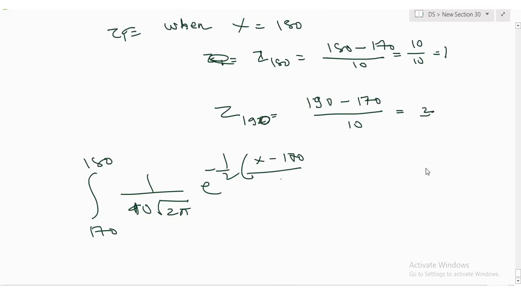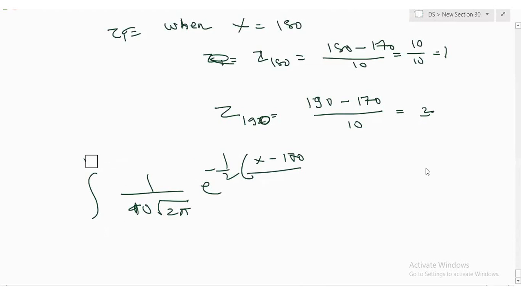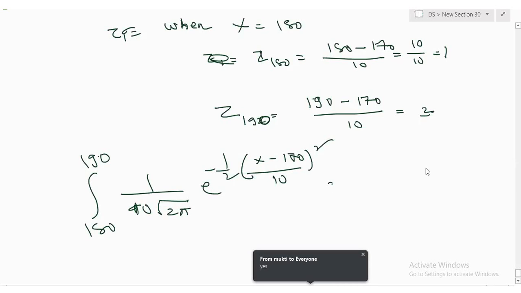There's a 180 to 190, I believe, right? Yesterday we learned, if you want to find out the area, I need to integrate, right? Yes or no, guys? So this is dx. Sorry, you integrate, but I don't know the integration, how to do.